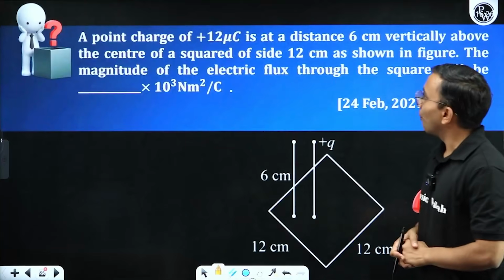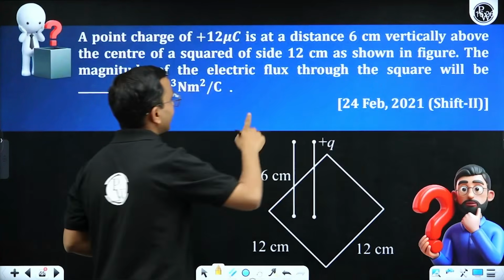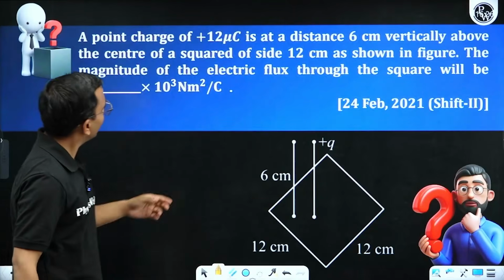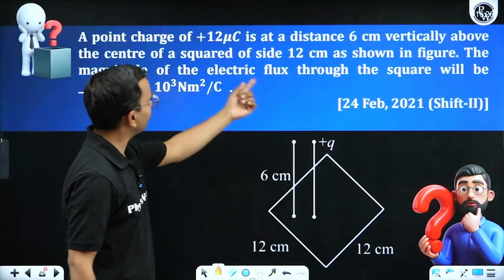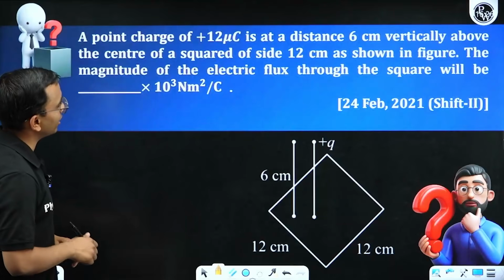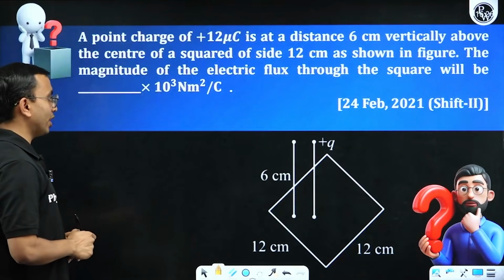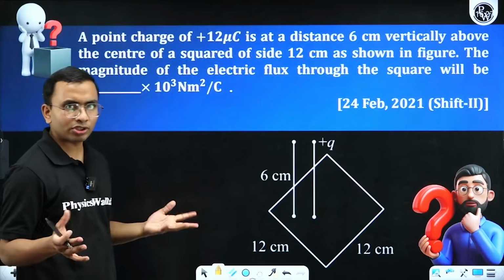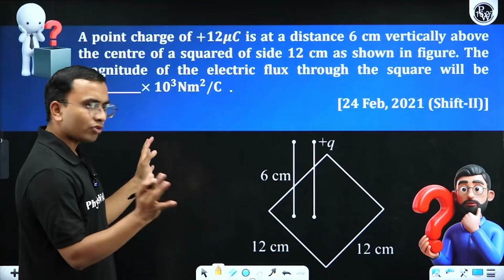Another question. A point charge of plus 12 microcoulomb is at a distance of 6 centimeter vertically above the center of a square of side. Above the center, 6 centimeter above this, the charge is placed. The magnitude of electric flux through the square will be. Now, this type of question you might have seen at many places. So, how to visualize this?